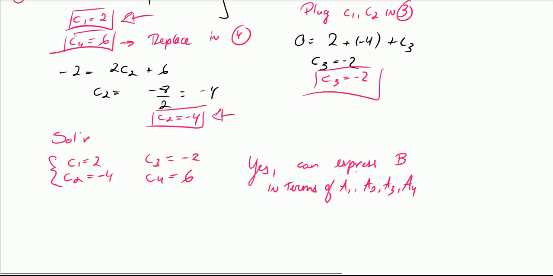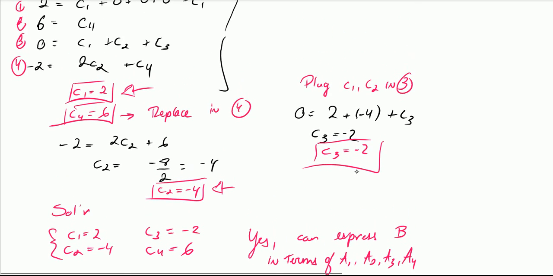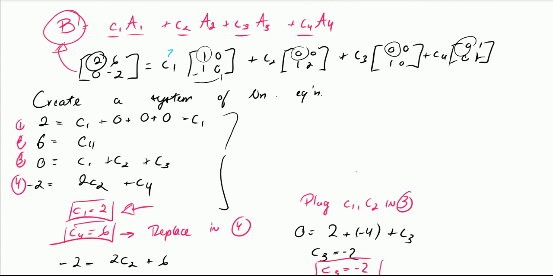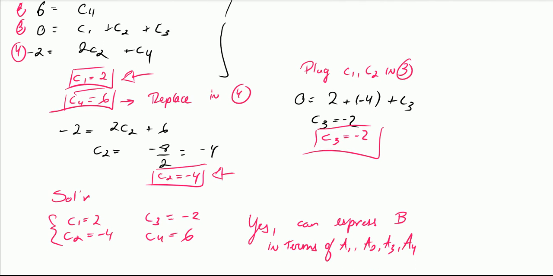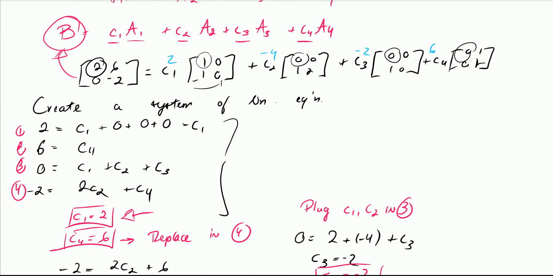And let's just quickly check that my answer was right. So I had 2, minus 4, minus 2, 6. Is that what I got? 2, minus 4, minus 2, 6. So let's check.